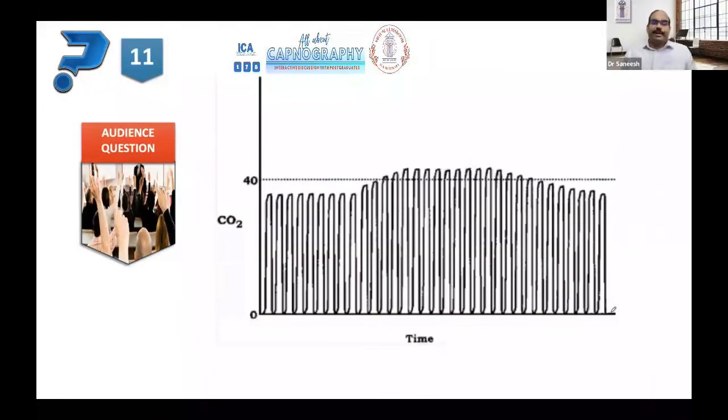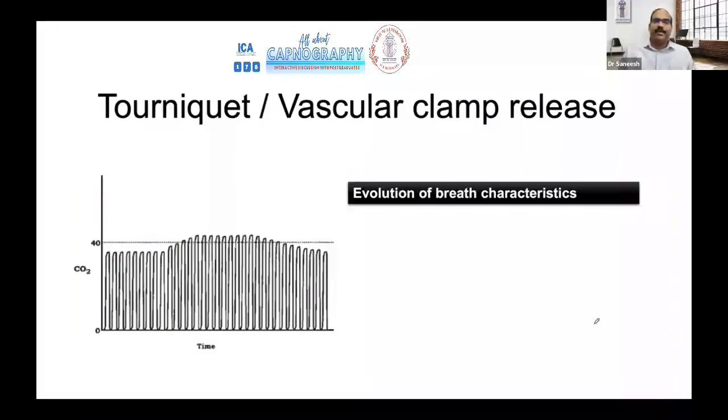Congratulations. Okay, if you see the EtCO2 tracing, there is a sudden rise in EtCO2, which comes down to almost normal value a little later. So where does it happen? A transient rise in CO2 discharge from the circulation, from the respiratory system. Have you used a tourniquet?